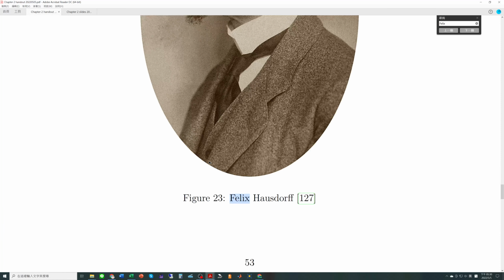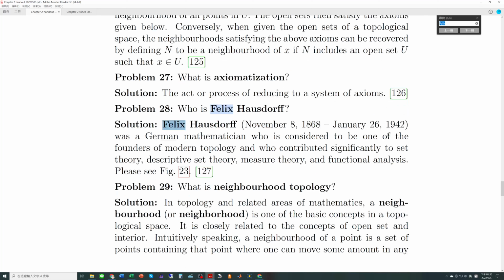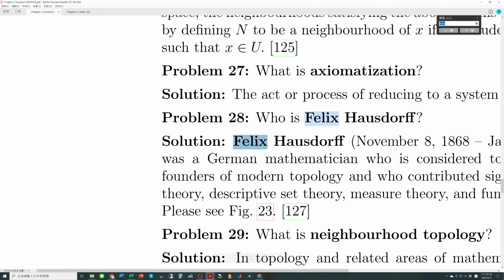Figure 23 shows a photograph of Felix Hausdorff. It's him. Let us go back to the previous Felix.